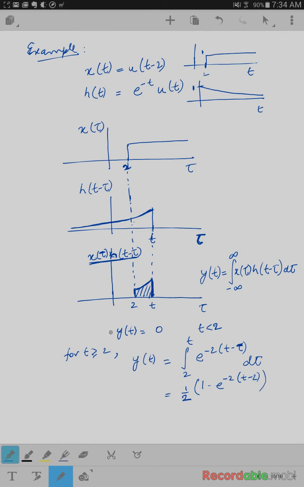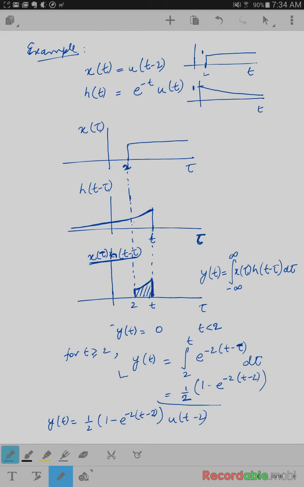And a nice way to summarize this whole y of t is: y of t is half times 1 minus e to the power minus 2 times t minus 2, times u of t minus 2, because what this u of t minus 2 is summarizing is that for t greater than or equal to 2 is when you really need to take this function into account. For t less than 2, the value of the function is zero.